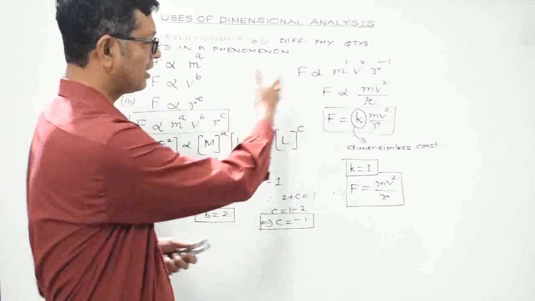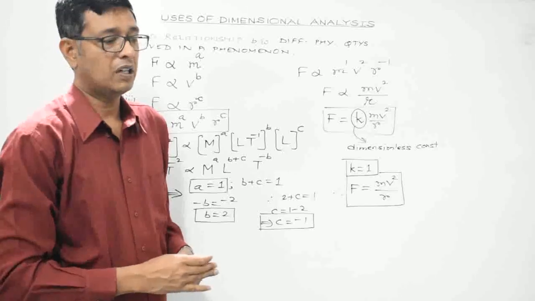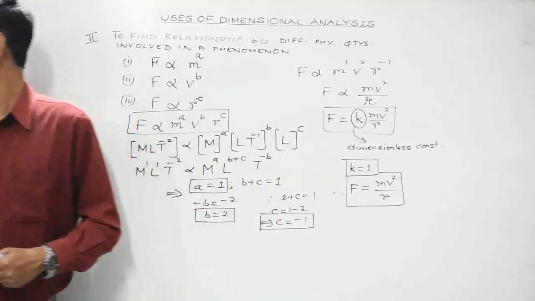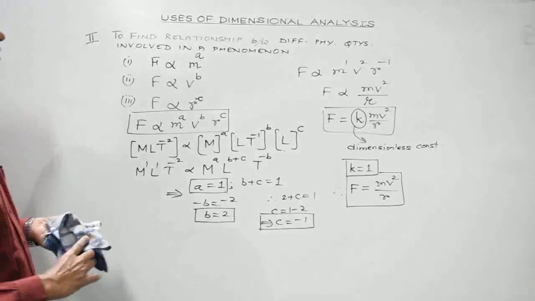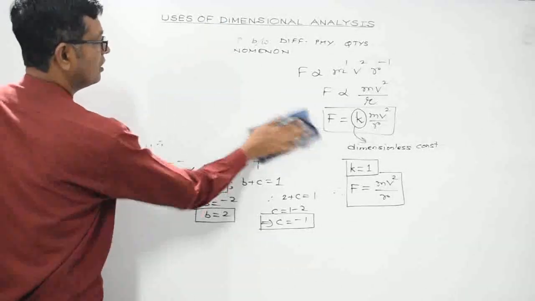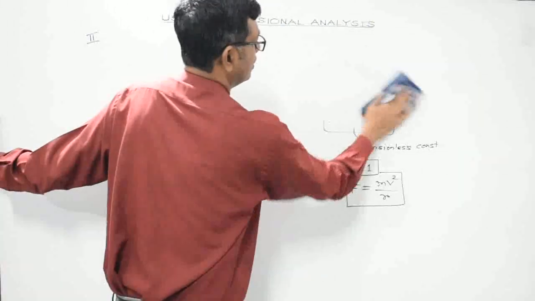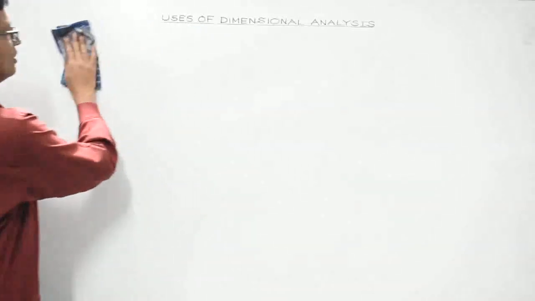We can proceed with several other numericals as well, but for the time being, let's discuss the third use of dimensional analysis. Dimensional analysis can also be used to convert from one system into another system.